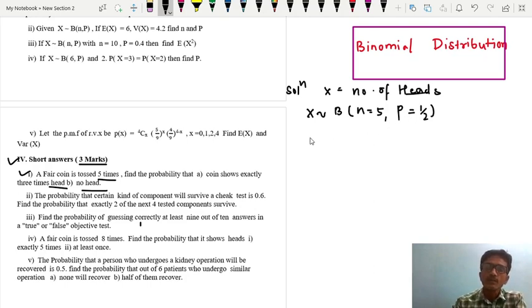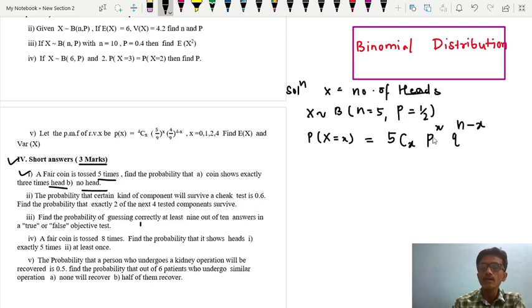Now we can construct the formula: probability P of X equal to x is given by nCx, that is 5Cx, p raised to power x and q raised to power n minus x. This is our formula.